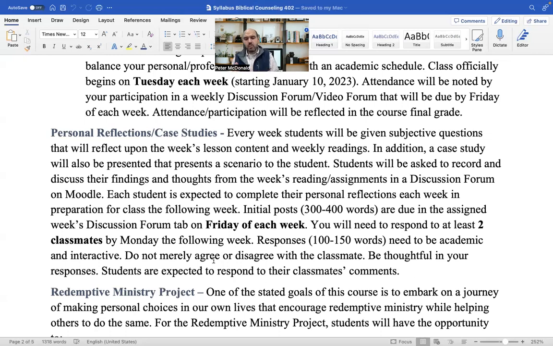That means that if you use research or an article or a book, that deserves citation, that means that you're giving credit to that author with a citation. I'm also looking for academic discussion. So that means that you're not just liking someone's post and saying, well, I agree with that post or I disagree with that. You need to say why you agree or why you disagree. So be thoughtful in your responses.